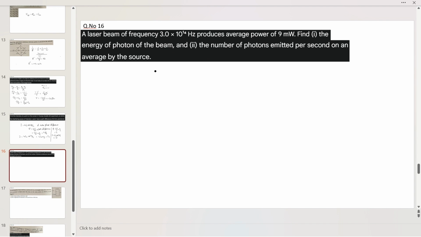So energy of the photon, E is equal to h times frequency. The frequency of the beam is given to you: 6.63 into 10 to the power of minus 34 into the frequency, that is 3 into 10 to the power of 14. So this comes out to be 19.89 into 10 to the power of minus 20 joules.